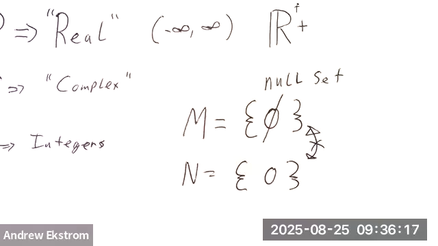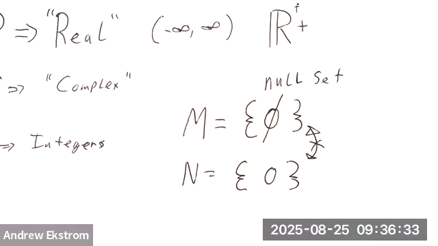Let's see. So here we're getting into some of the stuff that I was talking about earlier. A union B just means everything that's in both sets.